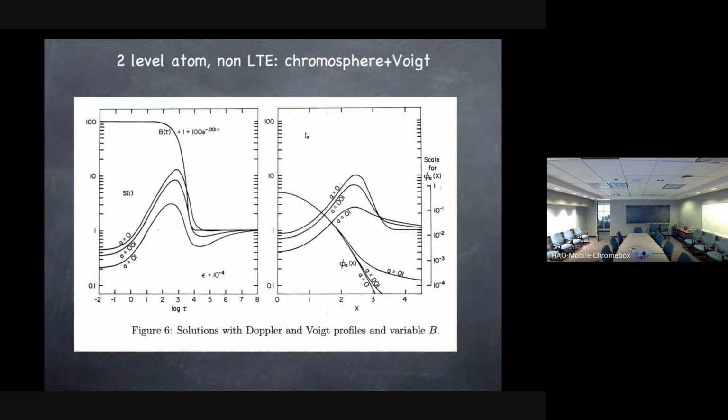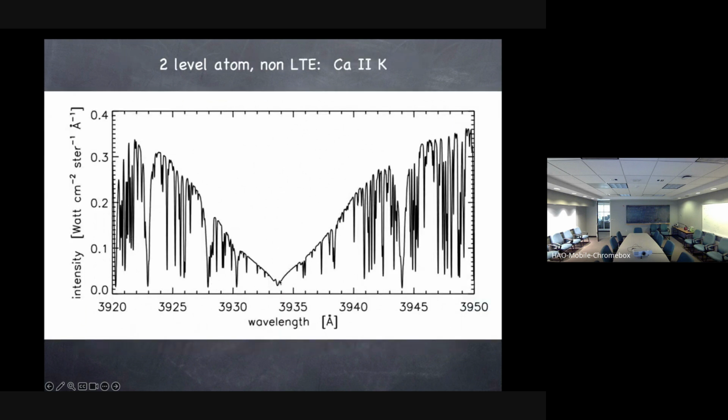So this looks like one of these profiles, except it doesn't quite, because what I've done here is look at the chromosphere with a photosphere temperature that is flat. But in fact, the temperature should go up. So what we should see is something that looks like this. And we get down below the thermalization depth, the source function becomes the Planck function, and the line profile will go up again. That's what's going on here.